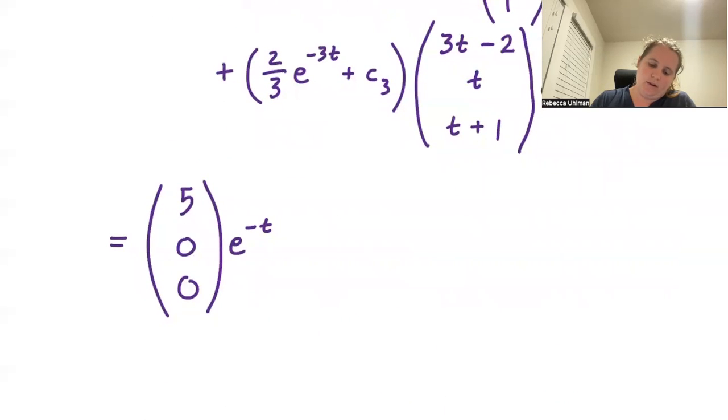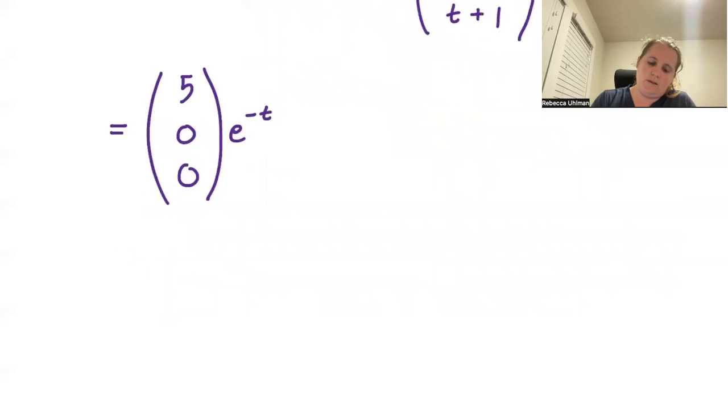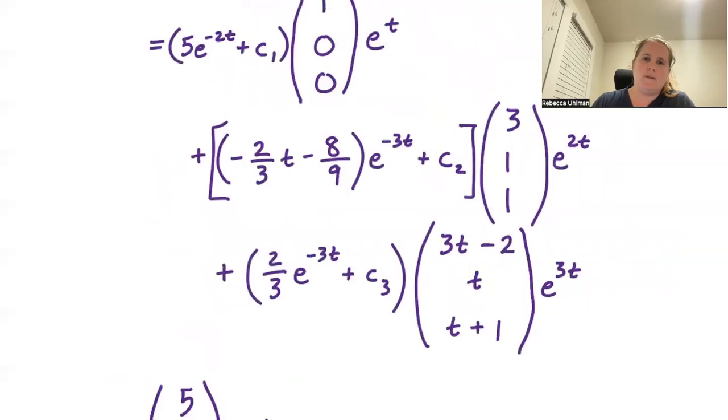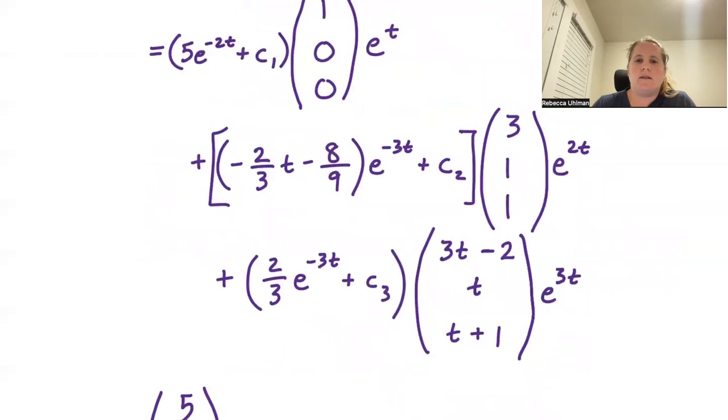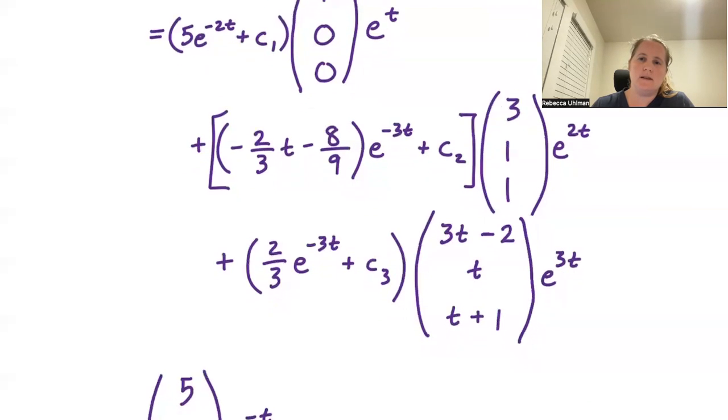Then I'm going to do our plus C1, C2, C3 at the end. Then we have plus negative 2/3 t minus 8/9 times 3, 1, and 1, and then e to the negative 3t times e to the 2t is again e to the negative t.